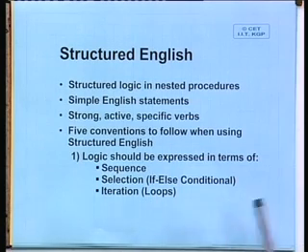What could be the other programming structures that we should not follow? Basically, the unconditional transfer of control flow, that is the go to kind of structures. You must be aware of the go to statement.